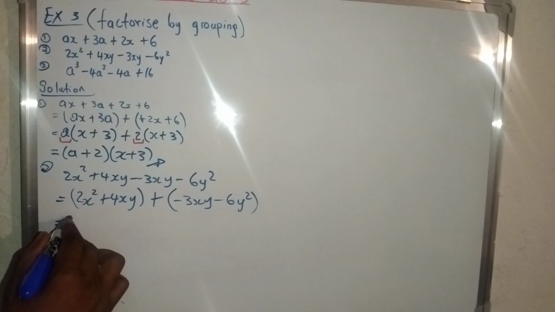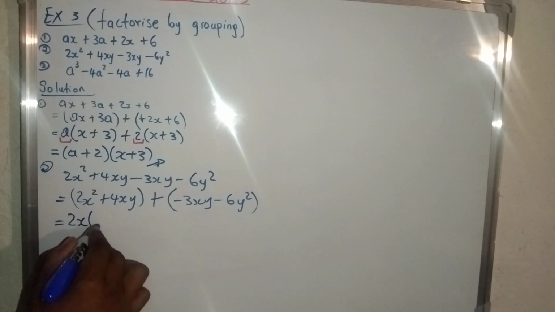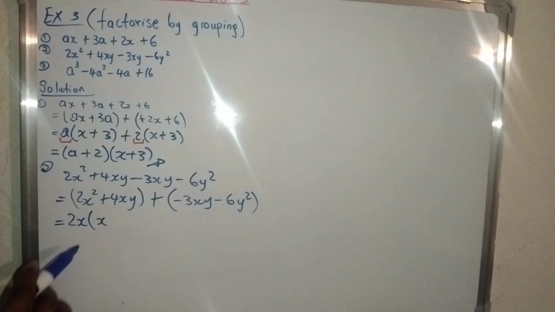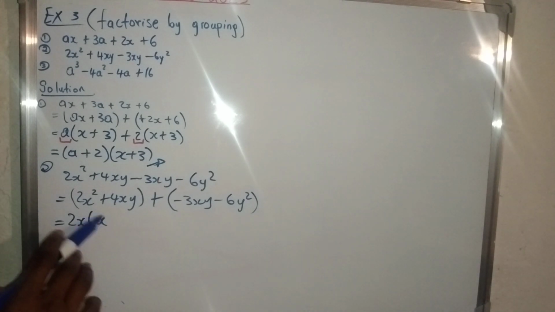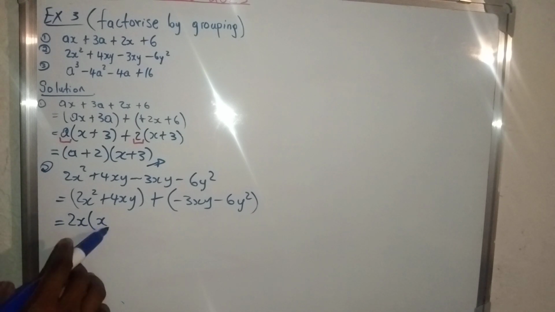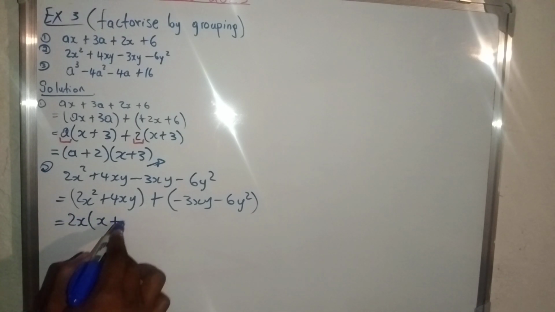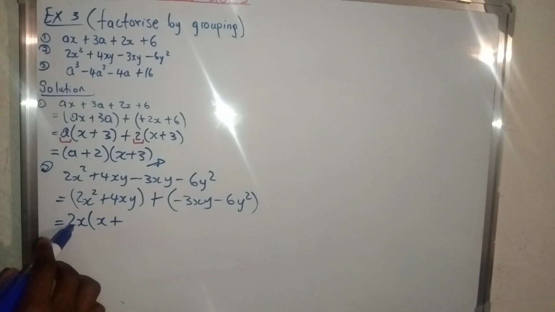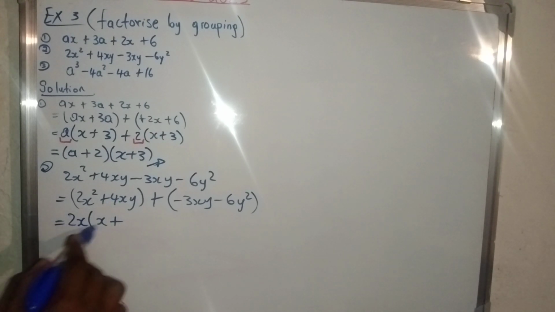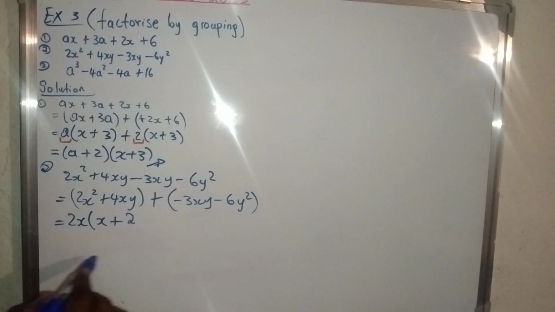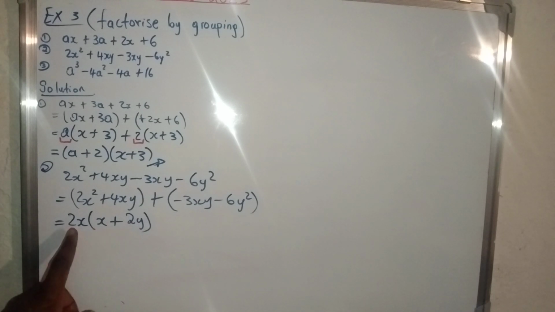So that means it's going to be 2x into x. Now we're going to just write 1x here because x is already taken out. So it's going to be x and then plus, and if we have taken 2 out, here we have 2, so that means it must be 2y and close brackets. I'm not going to write x here, just y, because x is already taken out as a common factor.